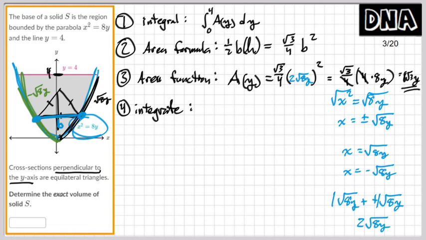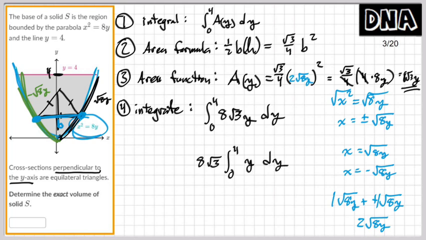This is super important right here. That's what you're going to plug into this, and then we're going to find our answer. So we have the integral from 0 to 4 of 8 square root of 3 y dy. Now, if you were really picky and really quick, you would have taken out that scalar and then integrated y. What is the integral of y?